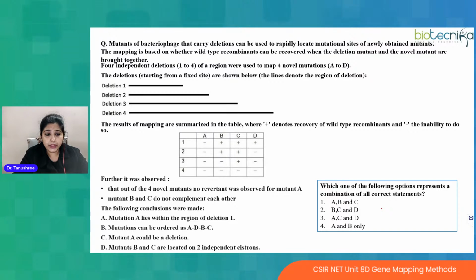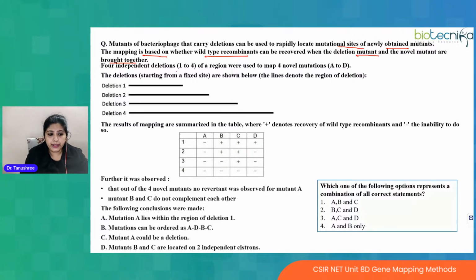The question is: mutants of bacteriophage that carry deletions can be used to rapidly locate mutational sites of newly obtained mutants. The mapping is based on whether wild type recombinants can be recovered when the deletion mutant and the novel mutant are brought together.